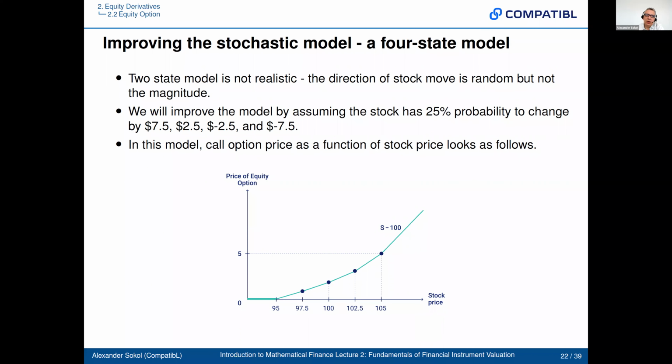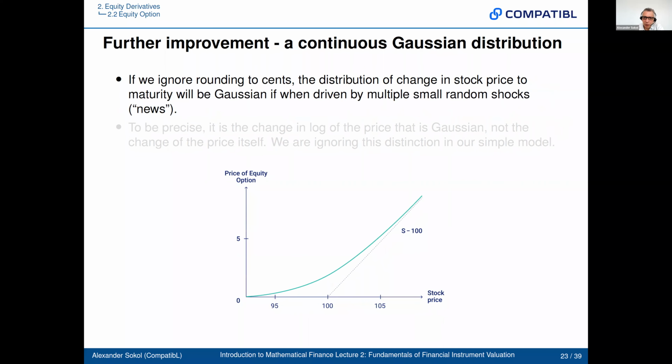If you assume that the stock moves continuously, and the moves are not correlated, like a random walk, with no correlation between the moves, then it will be a random walk or Wiener process, and the distribution of the endpoint will be Gaussian.